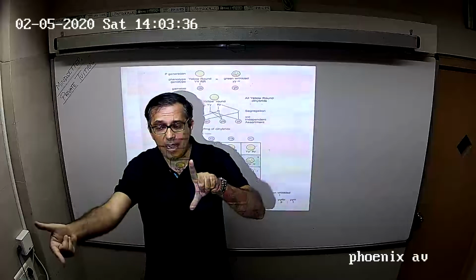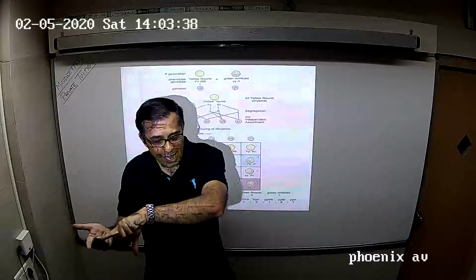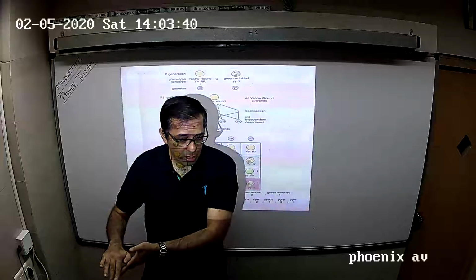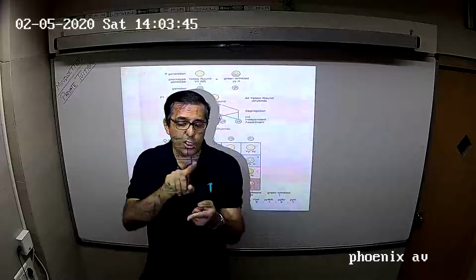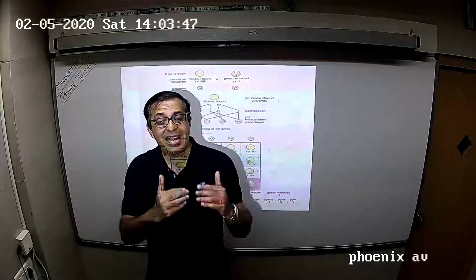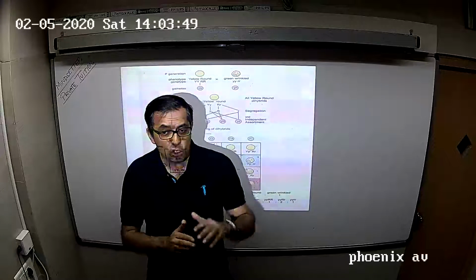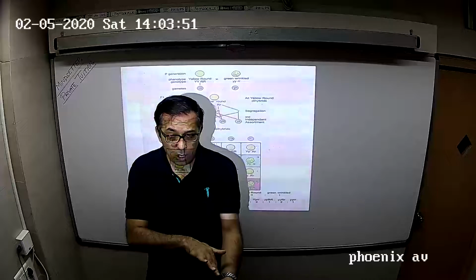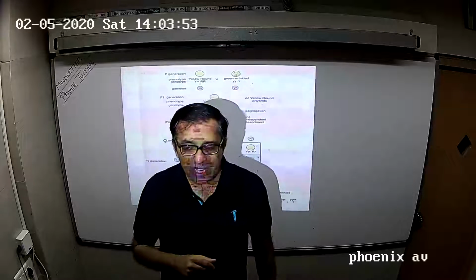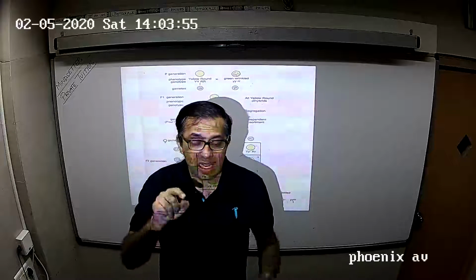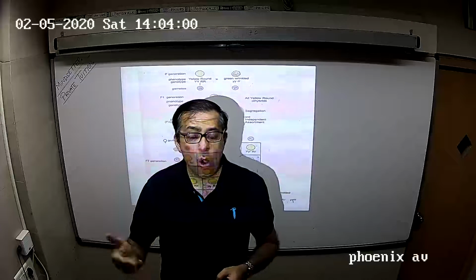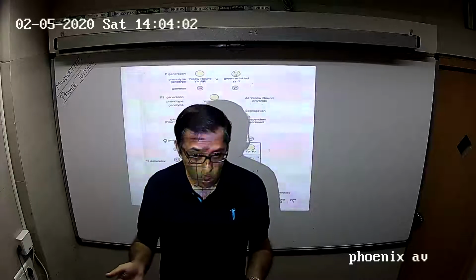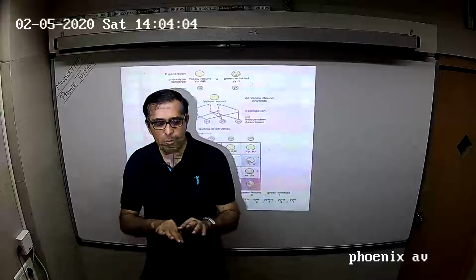You got capital Y, small r, which became yellow wrinkled, and you got small y, capital R, which became green and round. So what was the parental combination? Yellow round, green wrinkled. What new combination did we get? Yellow wrinkled, green round. So what is that explains?